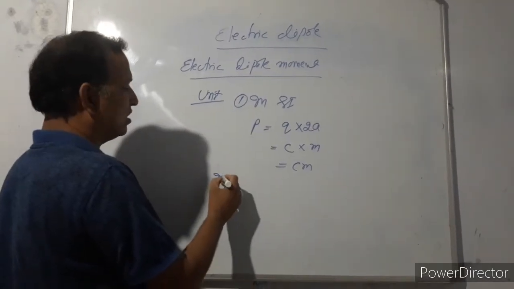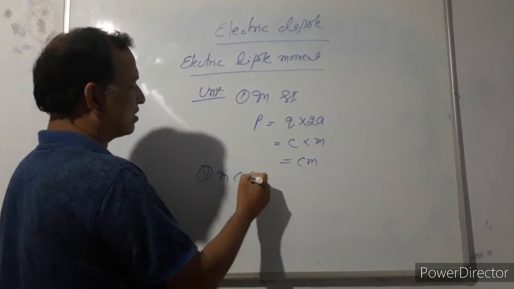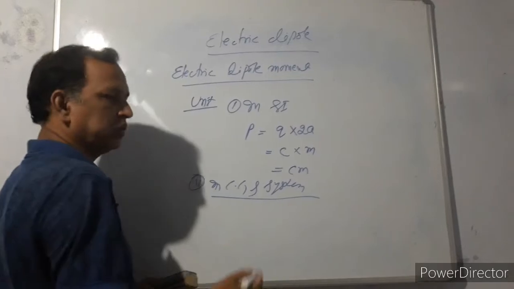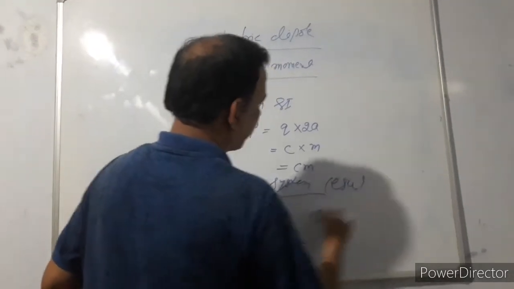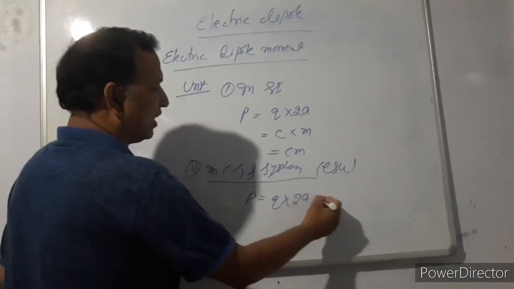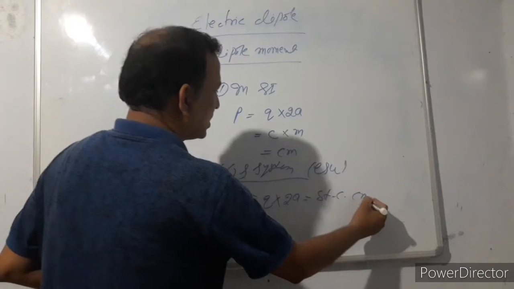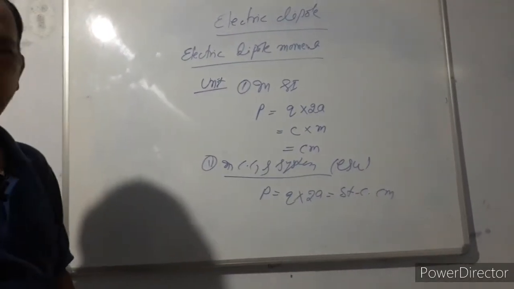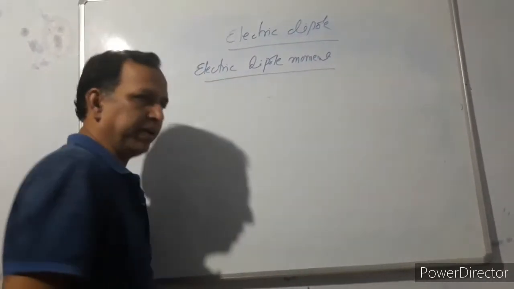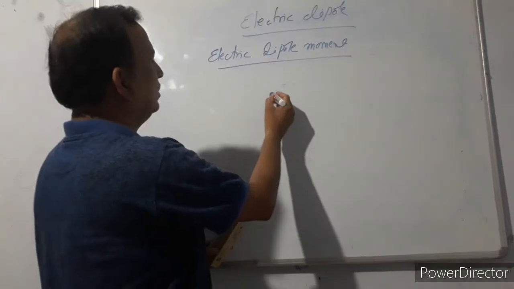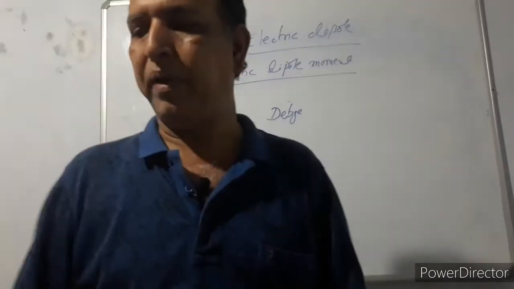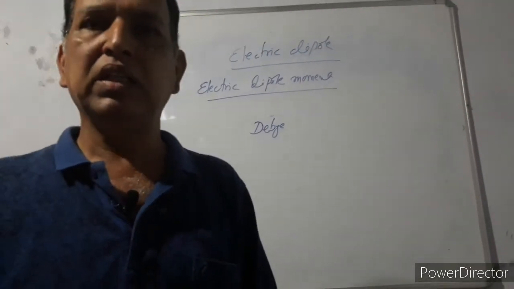In non-SI or CGS system, in ESU, p is equal to q into 2a, that is statcoulomb centimeter. But another unit in the non-SI case is the debye.